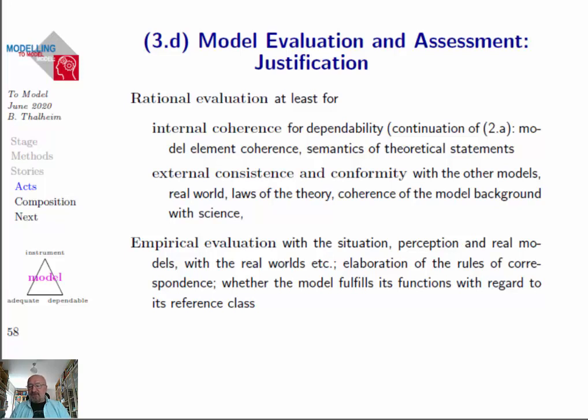We have a number of calculi we could use in this case for rational evaluation and for empirical evaluation in the given scenario, in a given way. And we can use this kind of justification in order to revise or potentially revise our model in such a way that it is properly functioning in the given scenario.